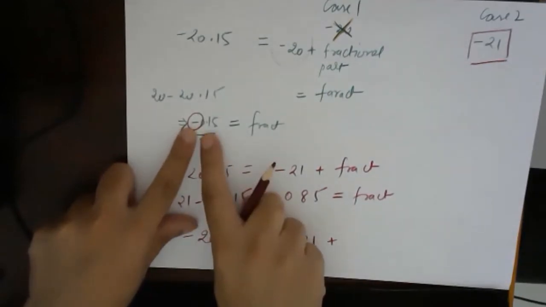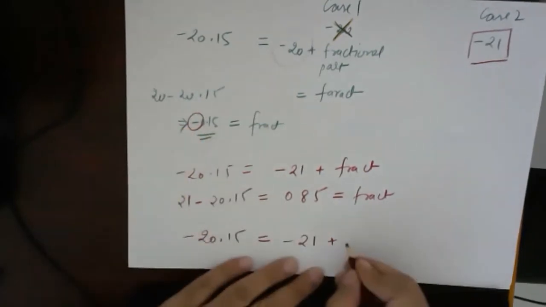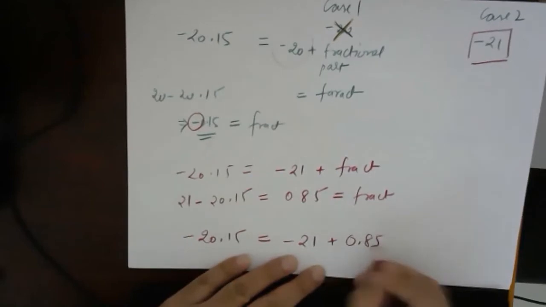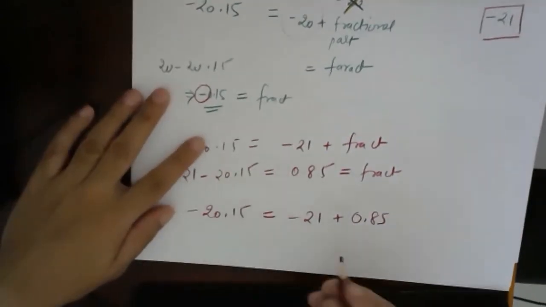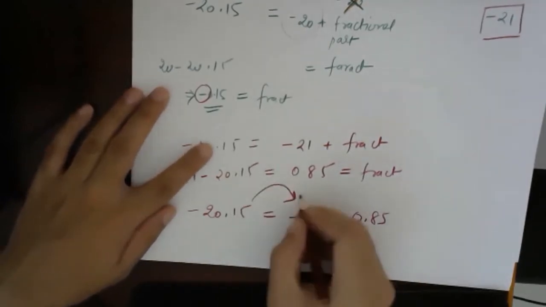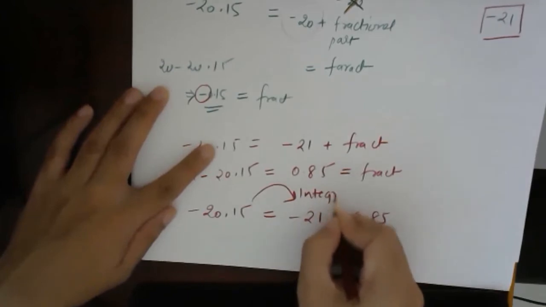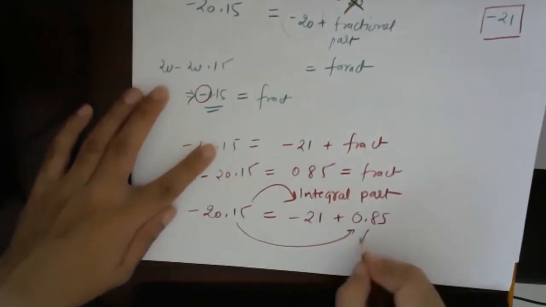Very good. Understood? So basically the integral part of this is minus 21, and this is the fractional part.